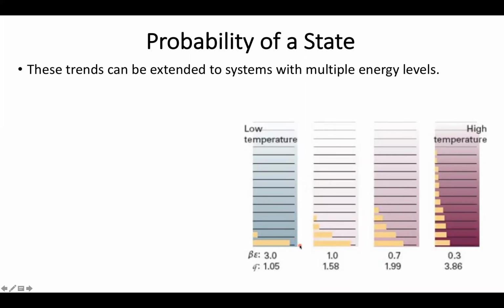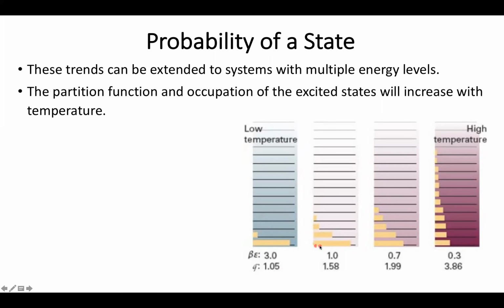So again, what we're going to tend to find is that at low temperatures, my partition function tends to be fairly close to 1, as only the ground state really plays a significant role, and I may have a little bit of contribution from a first excited state. But as my temperature goes up and up and up, we're going to find more occupation of these excited states.